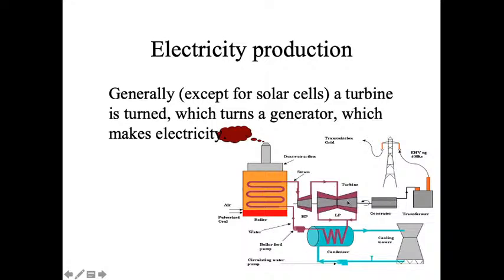Any of that is going to be pushed through a turbine, and that turbine is going to rotate through these magnetic coils in the generator, and that's going to produce electricity, and a lot of it. And that electricity is going to go through these transformers. It's going to be converted into more manageable voltages eventually so that you can turn on your house without being fried to a crisp.